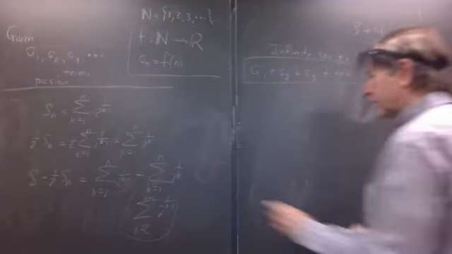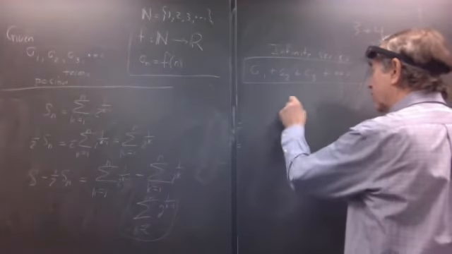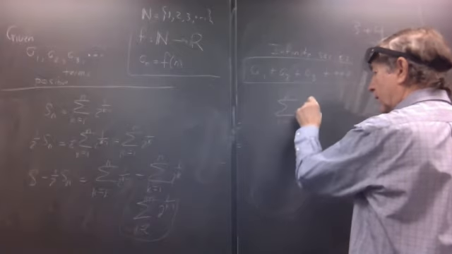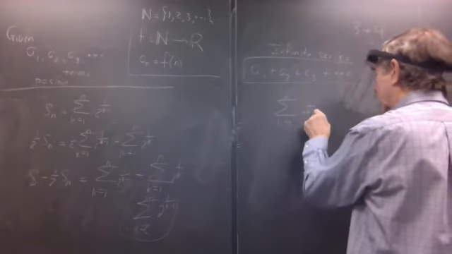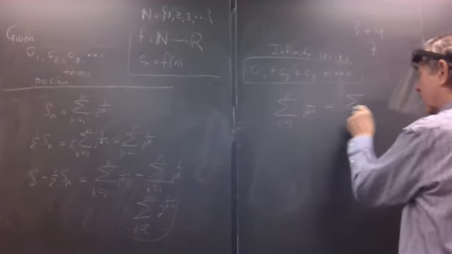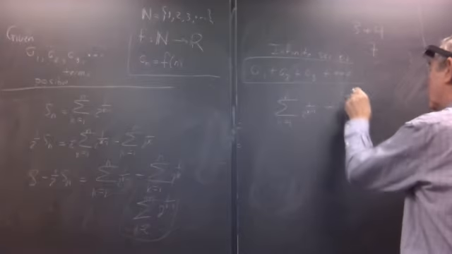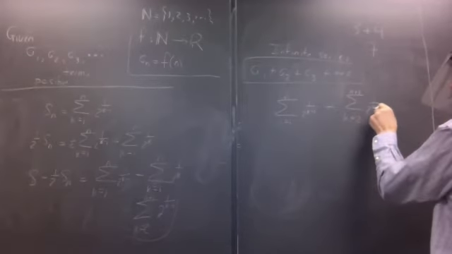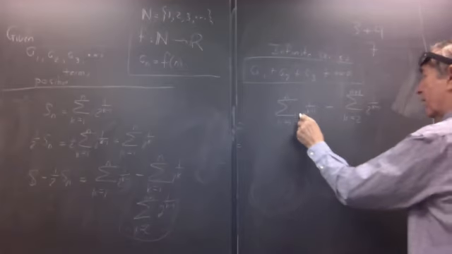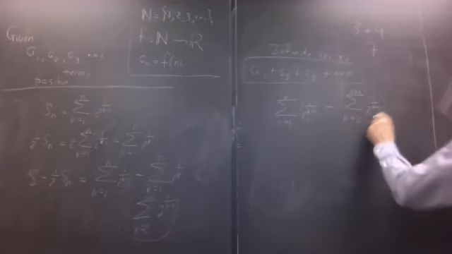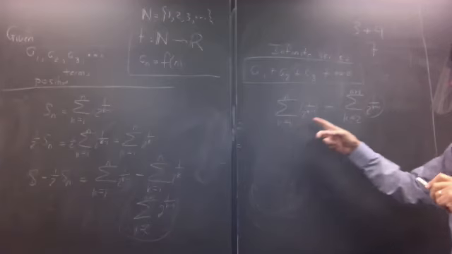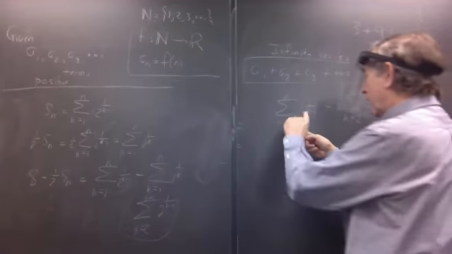Namely, if you look at the two things written over here, this is the sum from 1 to n of 1 over 2 to the k minus 1 minus the sum from 2 to n plus 1 of 1 over 2 to the k minus 1. And the point I want to make out here is the same thing. But these are different. So I'm going to split one of these off.